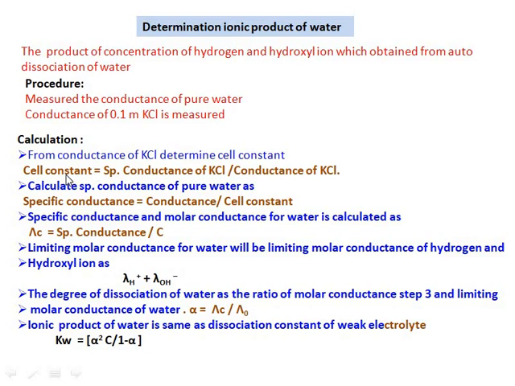Next, we calculate the specific conductance of pure water: the specific conductance is equal to the conductance upon the cell constant.